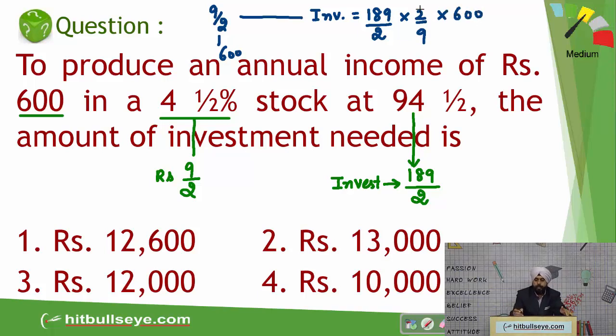This is just application of chain rule, students. 2 goes off, 9 here gives you 21. Now 21 into 600 is 12600. So your first option becomes our answer. Right students, let's go to the next question.